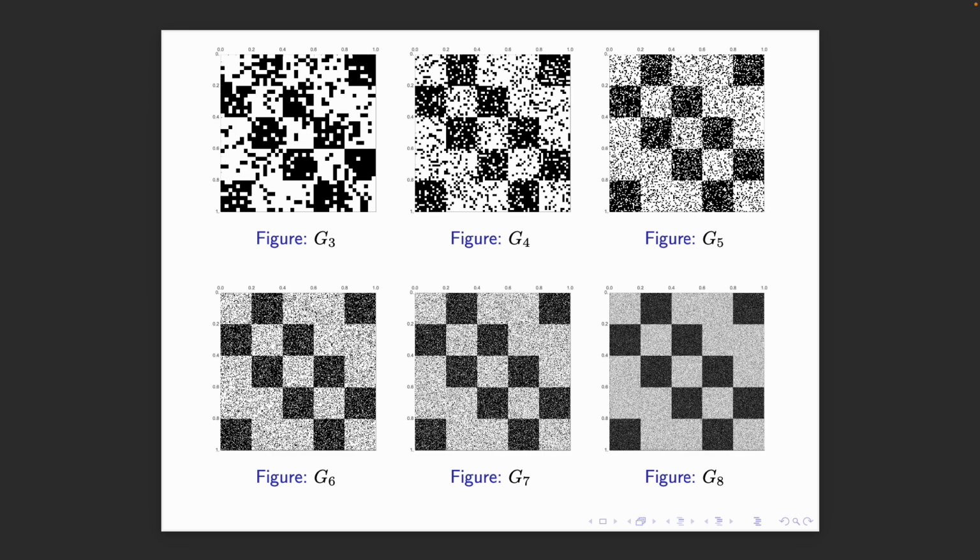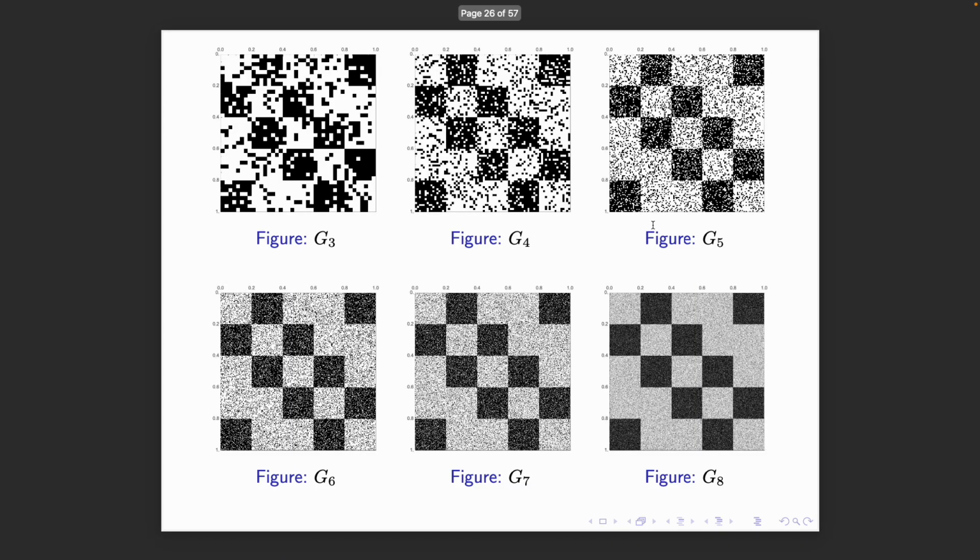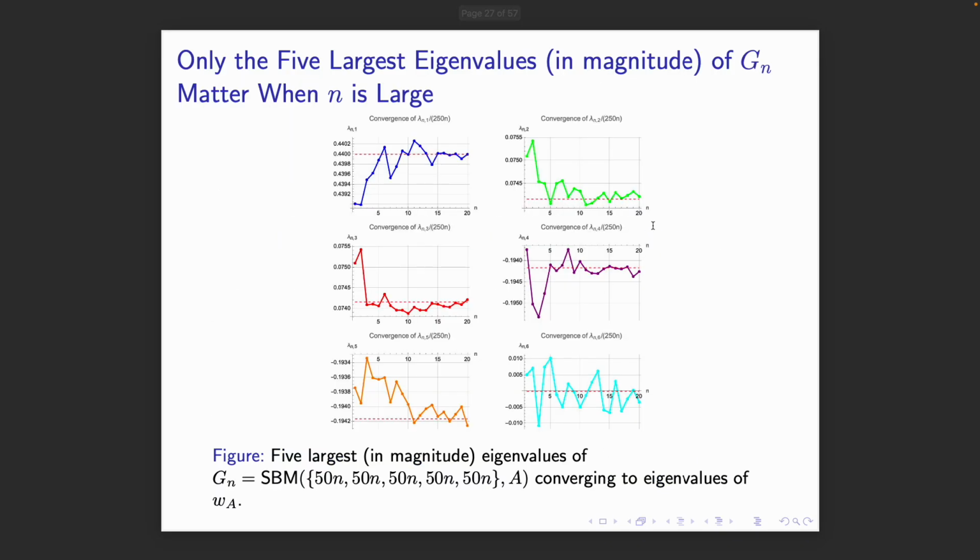And so when we actually do construct these graphs, and we increase the number of vertices in each one, in this case, Gn has 5 times 2 to the n vertices, we get a finer and finer picture that really starts to look an awful lot like this. And that's really because it becomes that graphon.